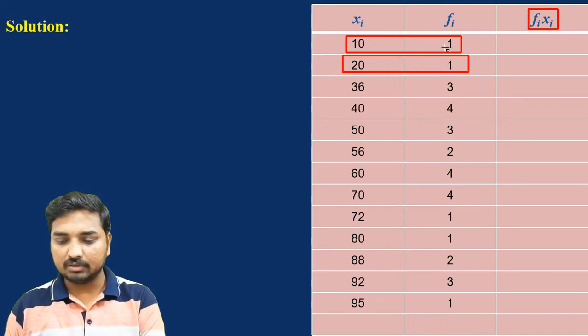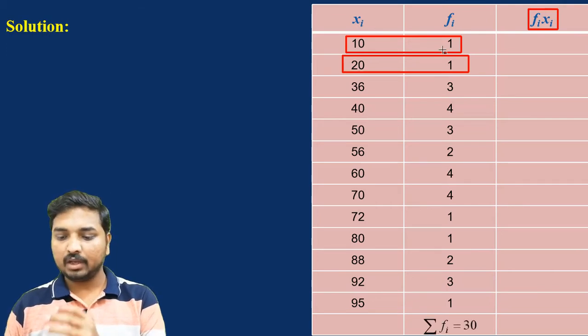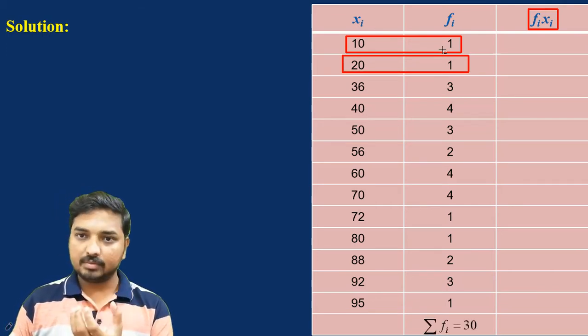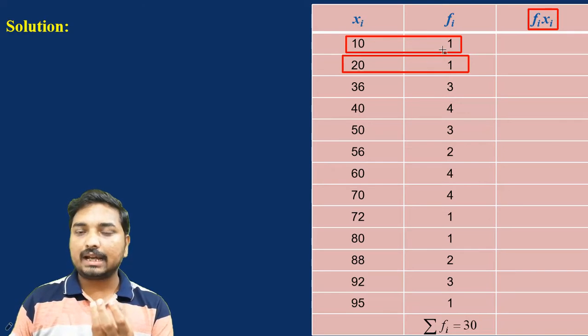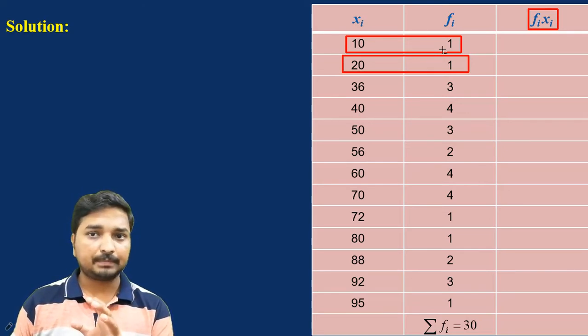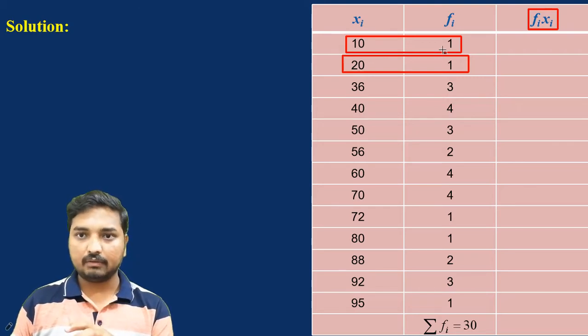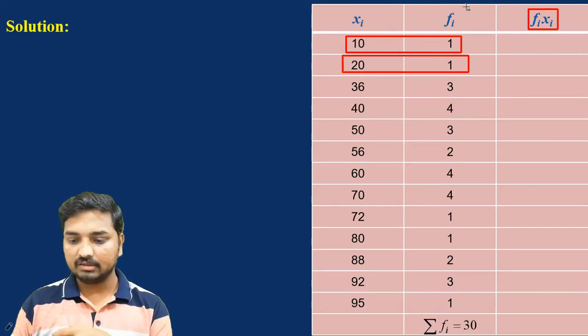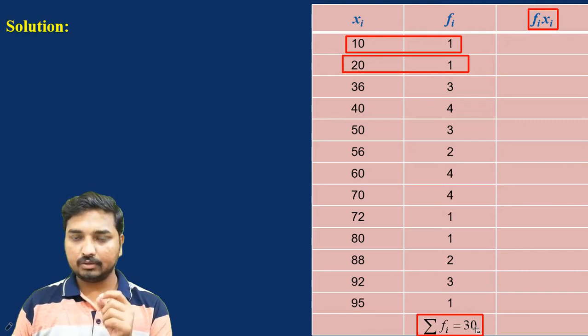If you take the sum, I'm going to give you directly, you will get 30. This is because they have collected data of 30 students. So that's why summation Fi will become 30. The sum of this column is denoted by summation Fi, which is equal to 30. Remember this one. We require this value in the formula.